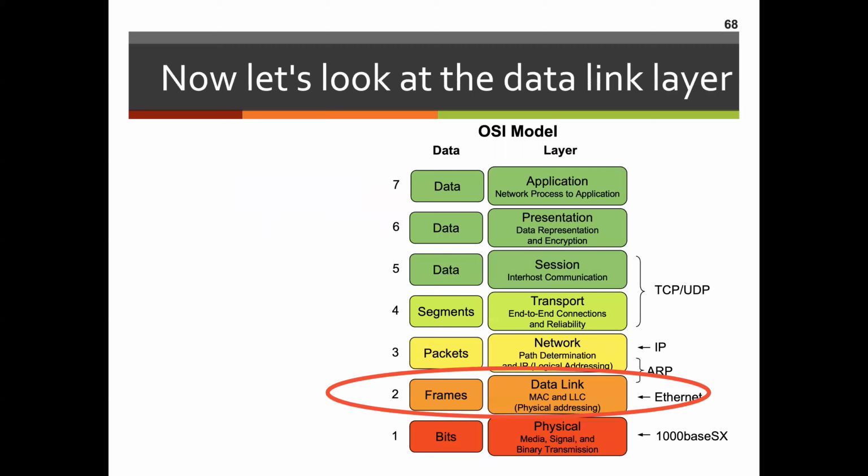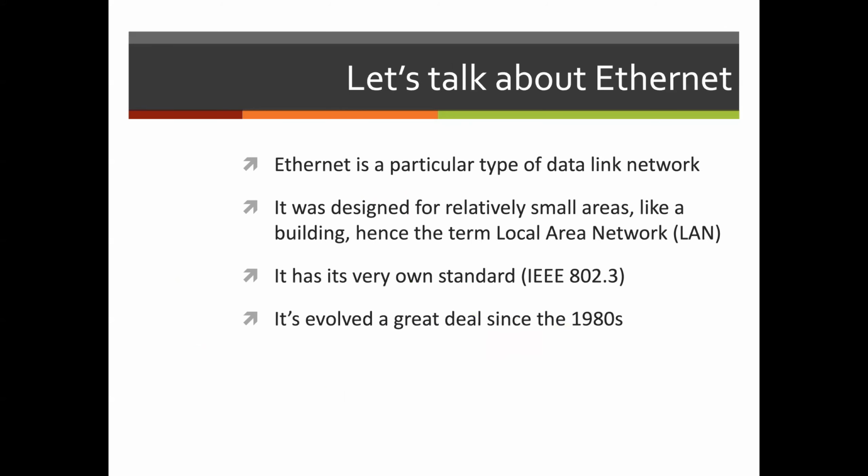So let's also now take a look at the data link layer, and specifically protocols used to operate Ethernet. Let's talk a little bit about Ethernet and the considerations we want to keep in mind.